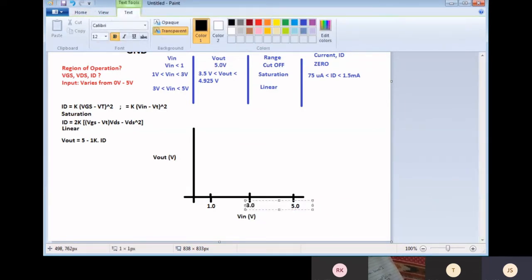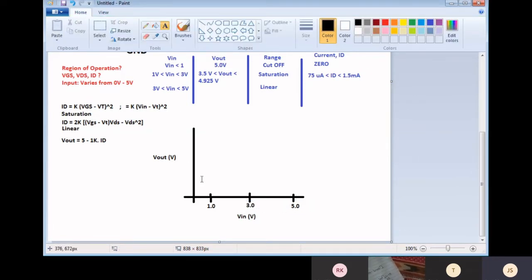This is 3.0. So for V in up to less than 1 volt, output is 5. Let me define the outputs also. Meanwhile, we will keep calculating: 5, 2.5, a little above maybe 3.5.